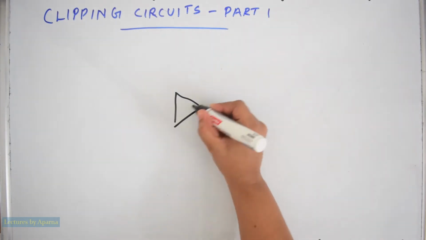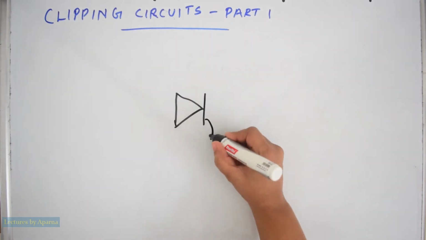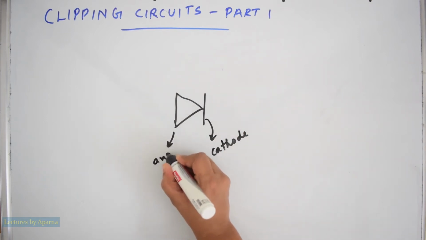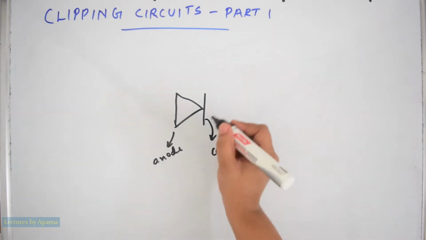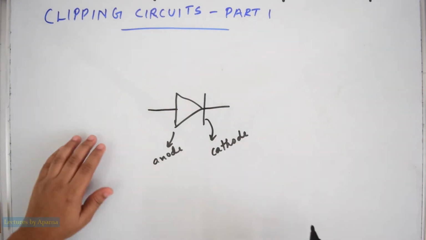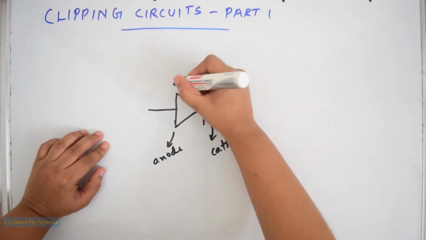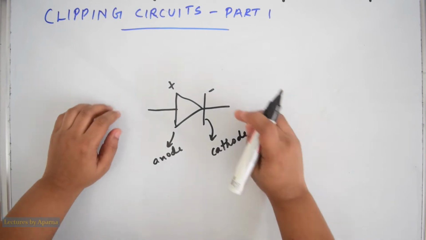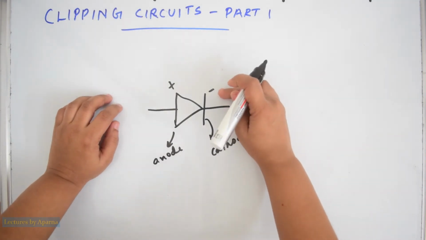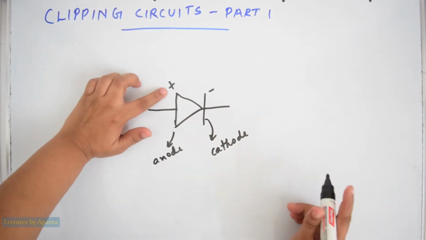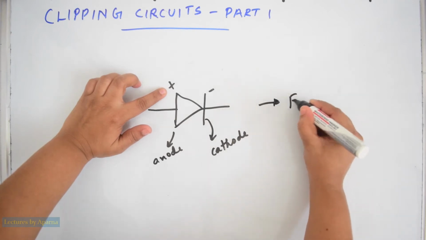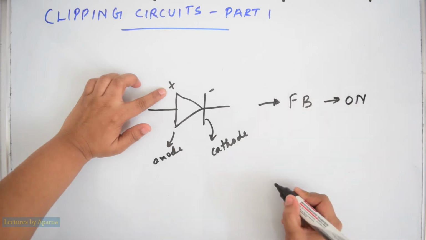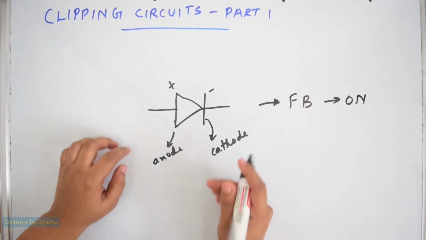Consider a diode. This is the cathode of the diode and this is the anode. If we keep a diode like this, with a positive voltage coming here and a negative voltage here, the cathode is more negative compared to the anode, so the diode will be forward biased, or on.